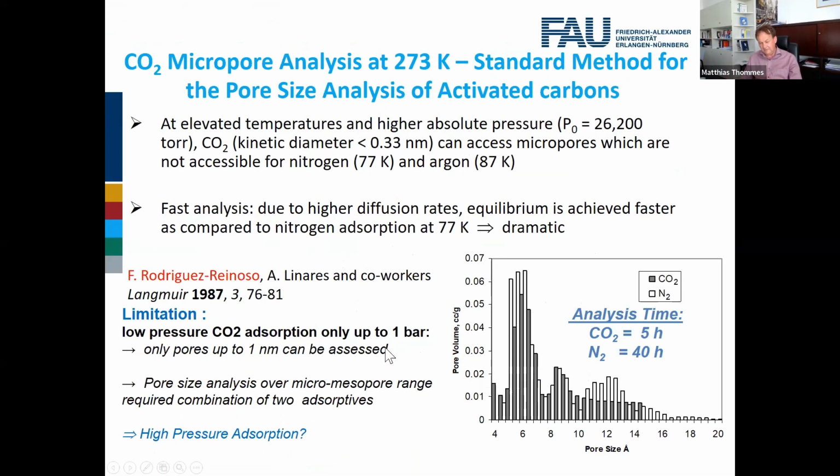The limitation is, however, that you can only make this apparatus go to 1 atmosphere. You can only access pores below 1 nanometer, because the saturation pressure of CO2 at 0 degrees is above 30 bars. If you only measure to 1 atmosphere, you have a relative pressure of only 10 to the minus 2, and this only allows one to access pores up to about 1 nanometer, I would say.